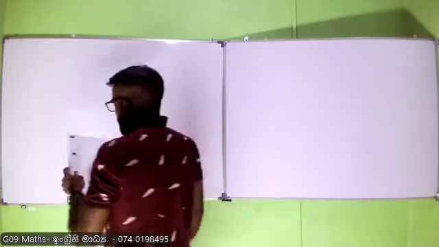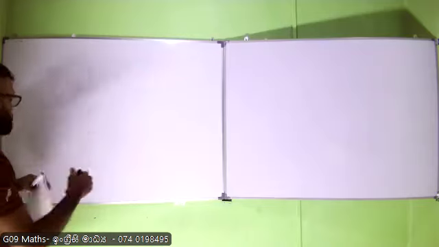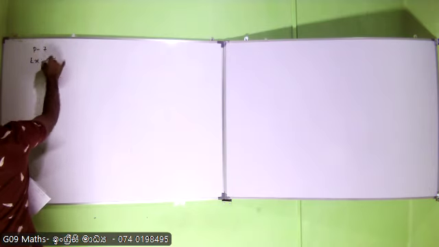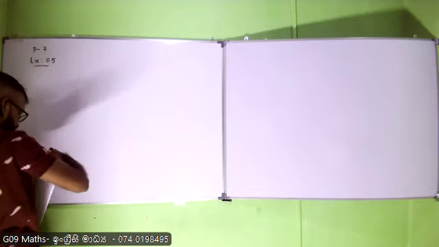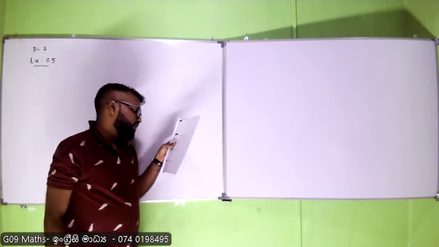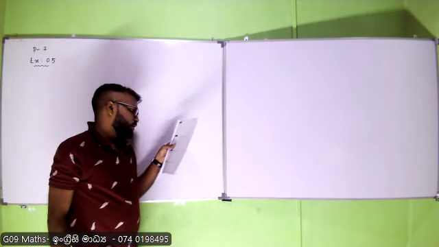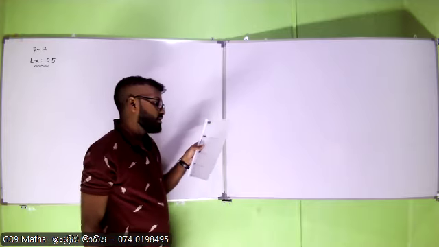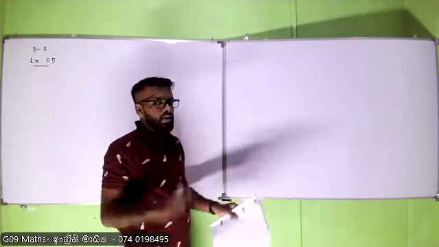Let's do this. In example number 5, on page number 7, it says: the sum of the interior angles of a polygon is 1620 degrees. Find the number of sides it has.